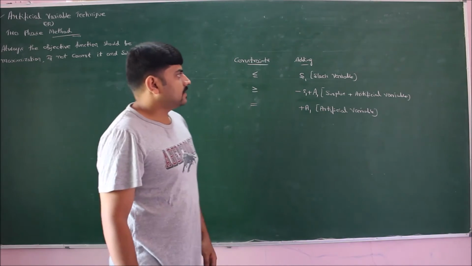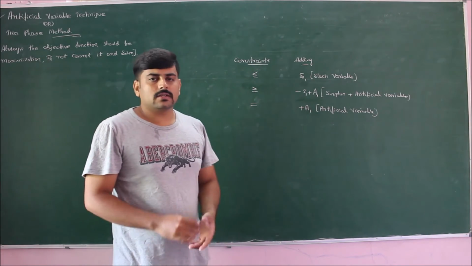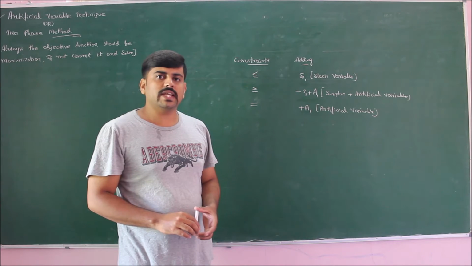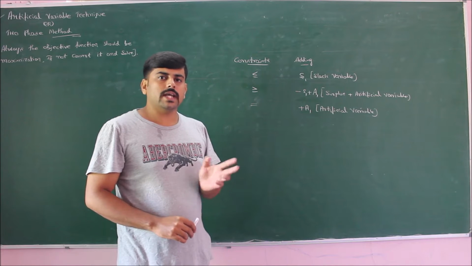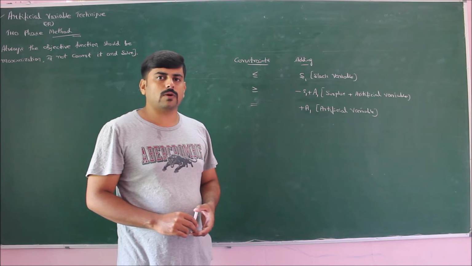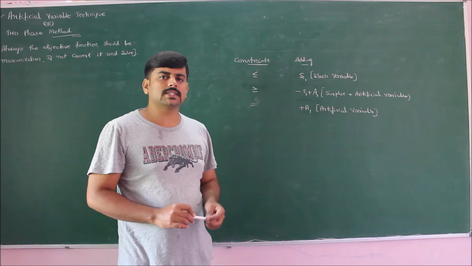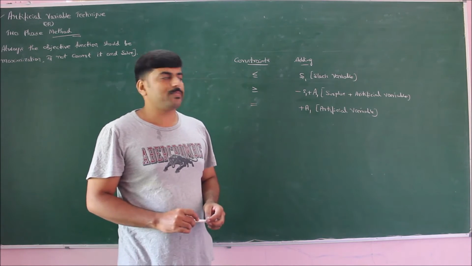So using these methods, we will be converting the given constraint into a set of linear equations. Using those linear equations and ensuring the RHS of the set of linear equations are positive, we can represent the given problem in its standard form.